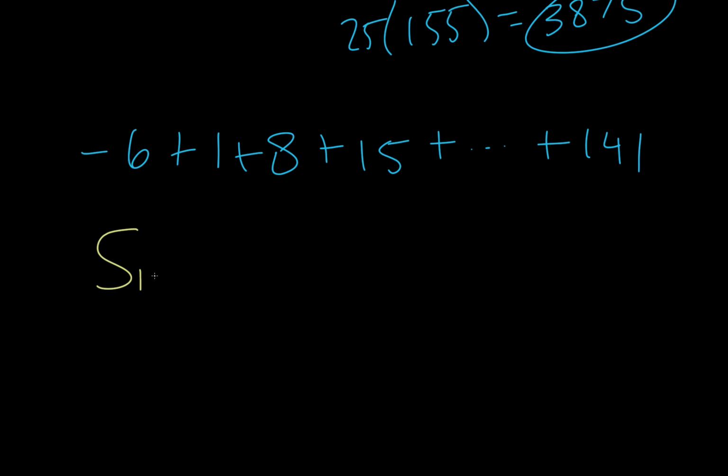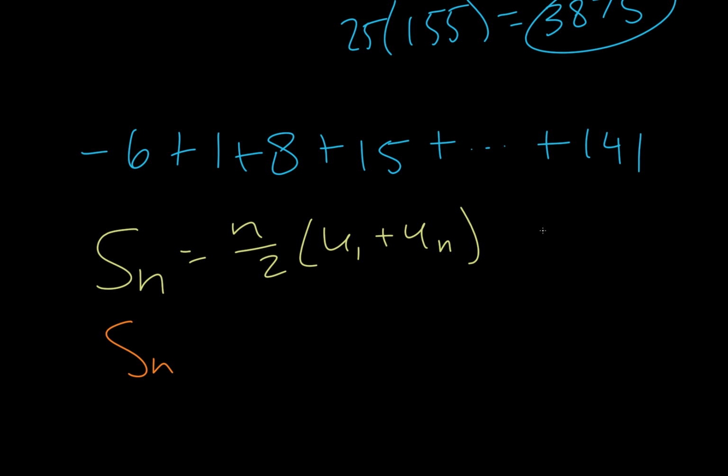But since we know the first and the last term, we're going to use this formula. Once again, that's just written in your book above example 25. So we're going to just find S sub n. But we need to find n.